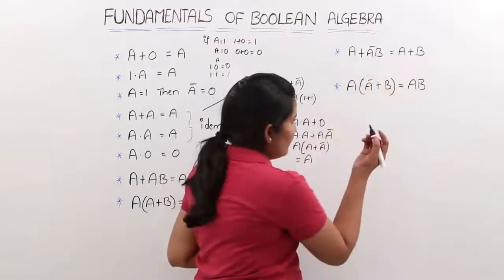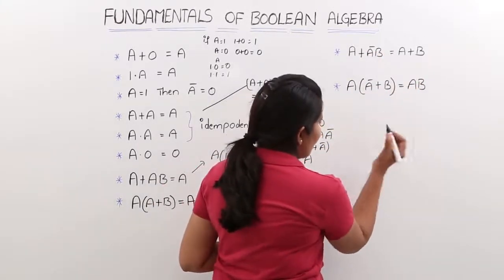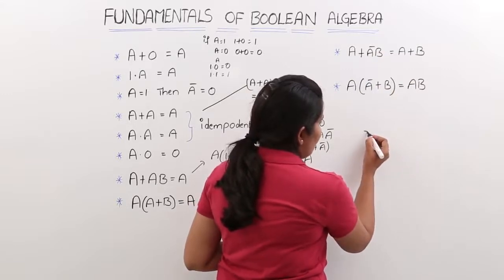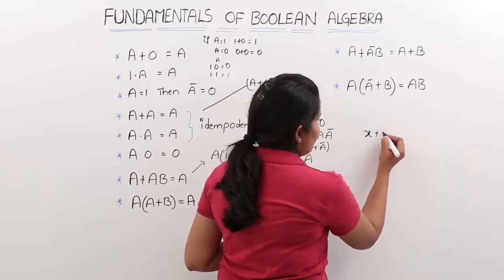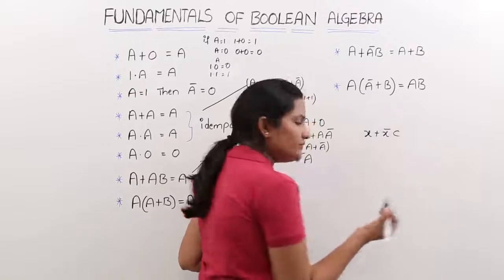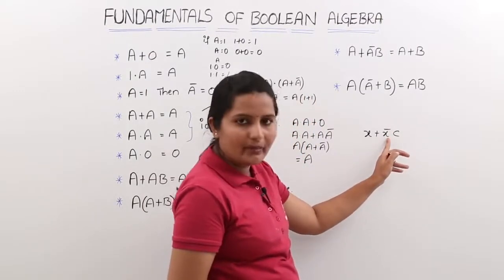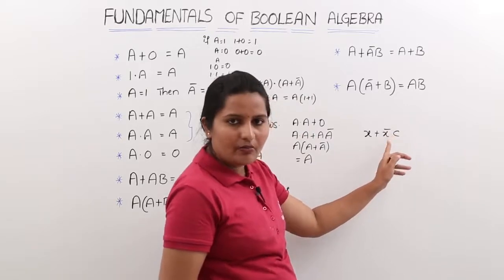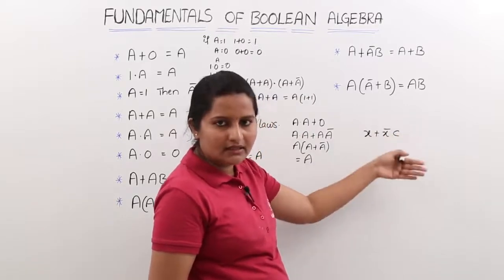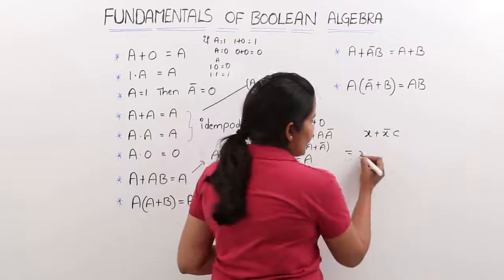For example, if you have x plus x bar c, anywhere you see this, for this x you have the complement here. So, this complement is multiplied with some other thing. So, you can take this as x plus c.